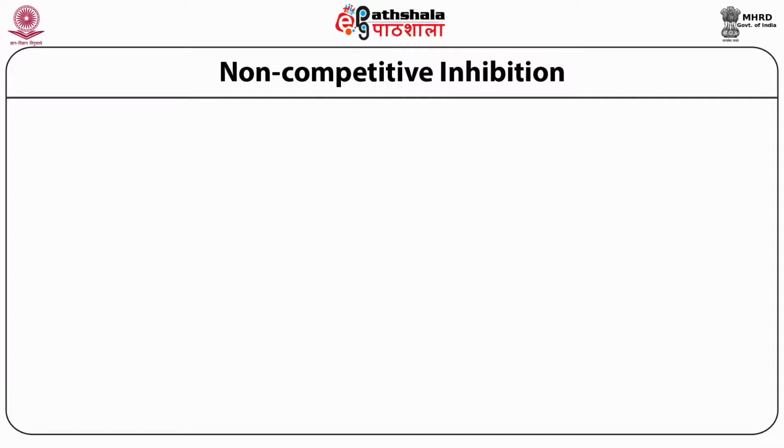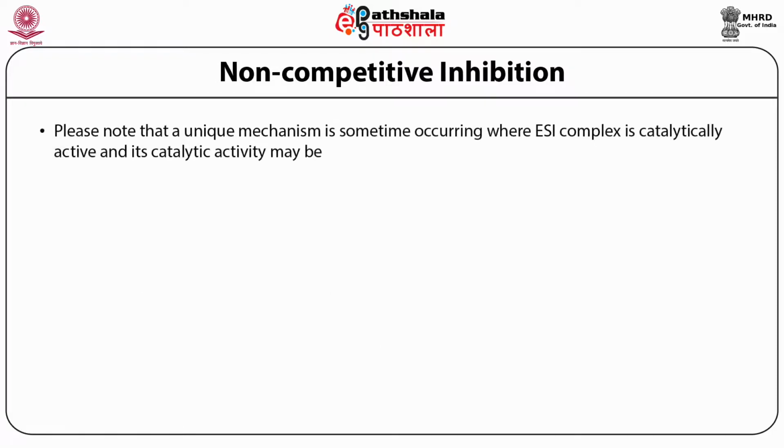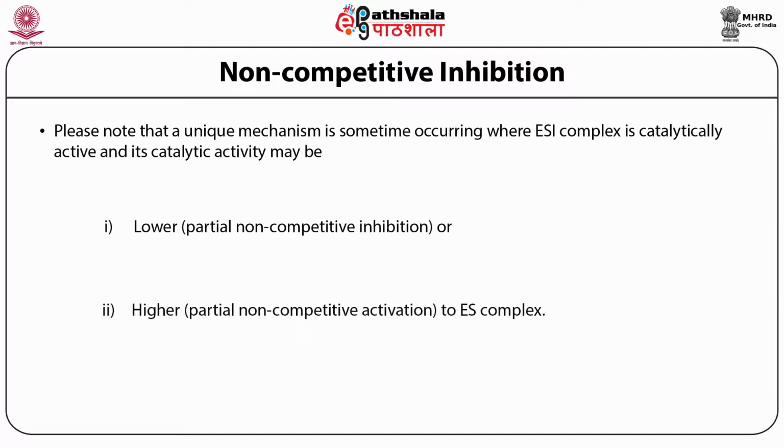It is very important to note that sometimes a unique mechanism takes place where the ESI complex, which most of the time we think will not form any product, is going to be catalytically active. And once it is catalytically active, if it has lower catalytic activity, then it is known as partial non-competitive inhibition.